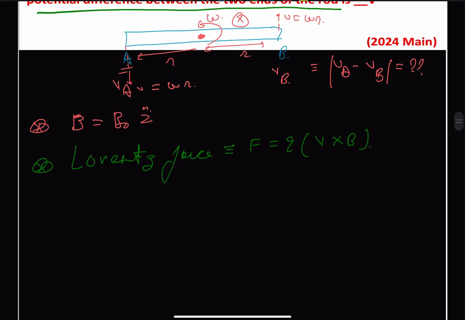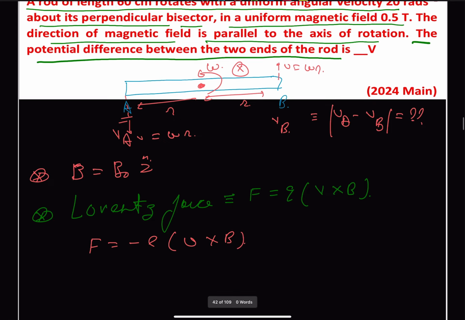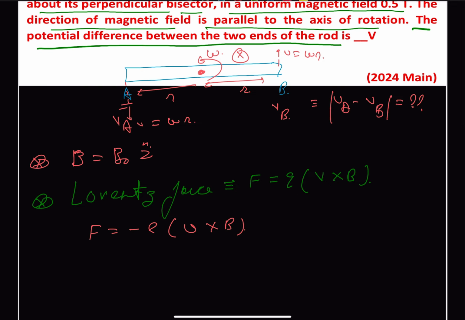So we can say our F will be equal to minus e, V cross B. It will be trying to rotate in some kind of circular path, and V will be tangential to the circular path. And we can assume that in one direction the velocity will be in positive y.